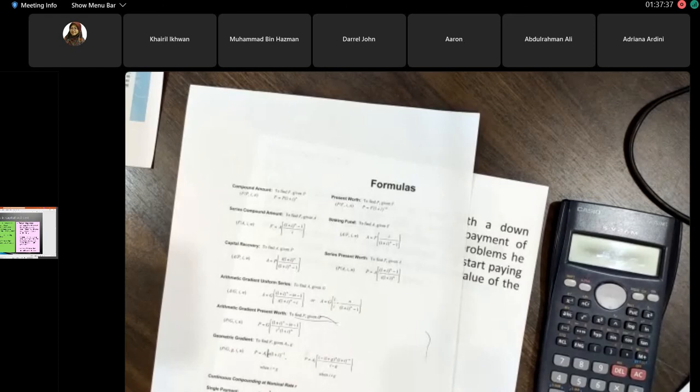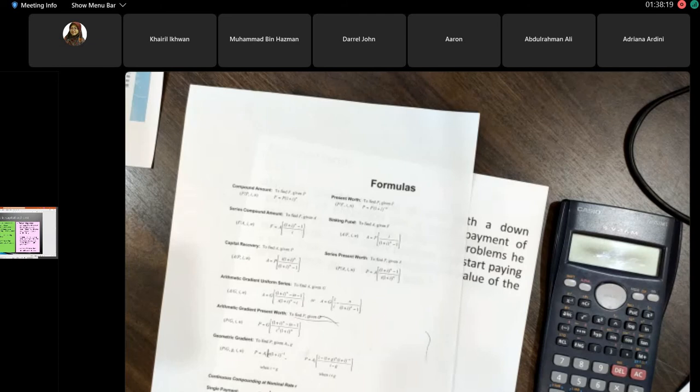Okay, issues in capitalized cost. You will have the non-recurring cost and also the recurring cost. Okay, non-recurring cost, for example, overhaul cost, investment cost, where it occurs 10 years from now. It happens only once. Because it doesn't mention the n at the end, this one is only like F, occurs 10 years from now.